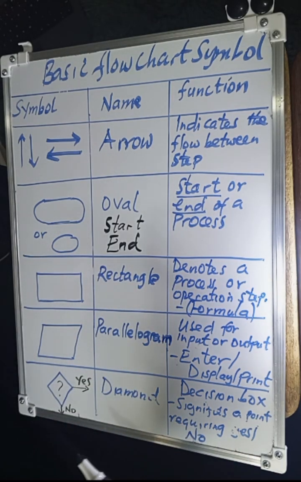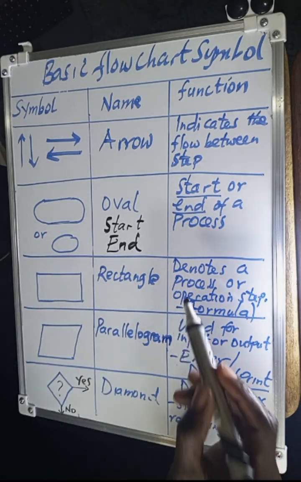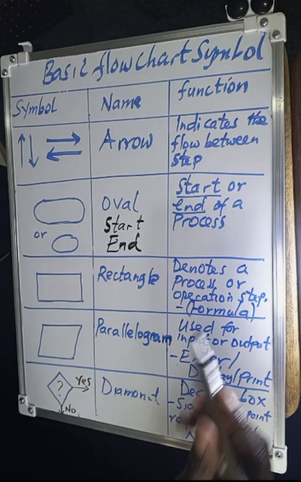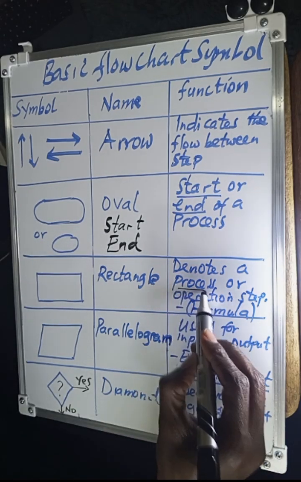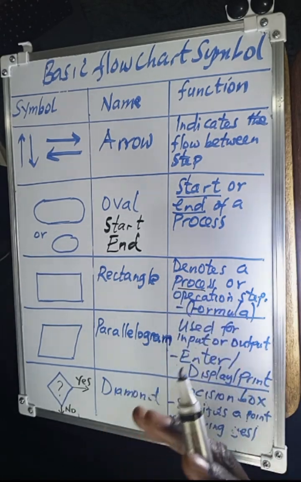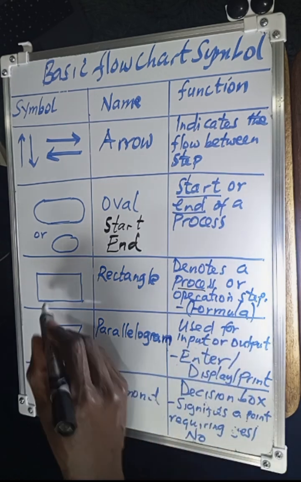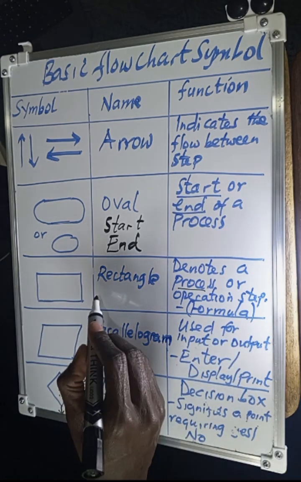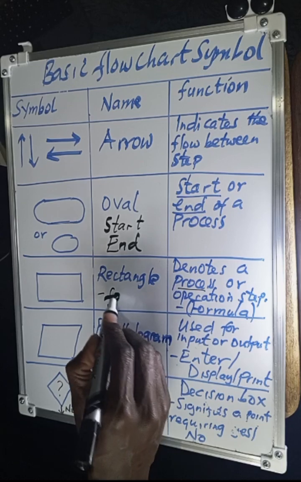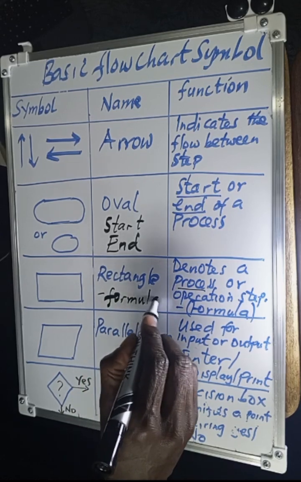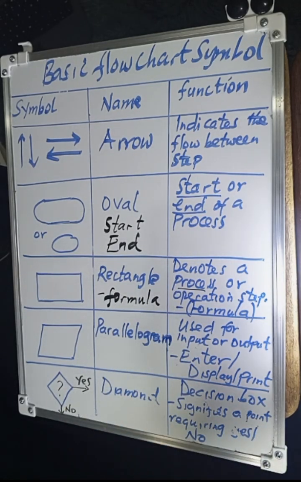What about a rectangle? What does that denote? Well, the rectangle denotes a process or an operation, a step that needs to be undertaken. In a rectangle, this is where you apply what we are calling your formula. So you can put whatever formula that you have.